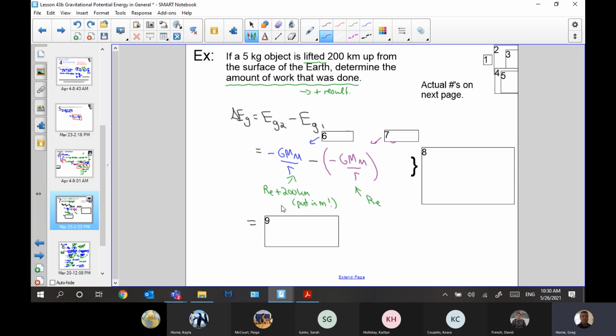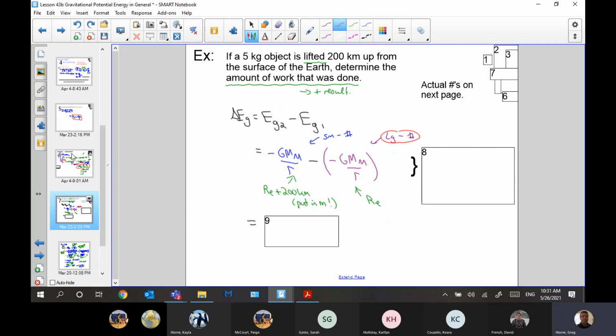As a result, because I'm dividing by a bigger number, you can tell it's going to be a smaller negative number. This one here is going to be this larger negative number.